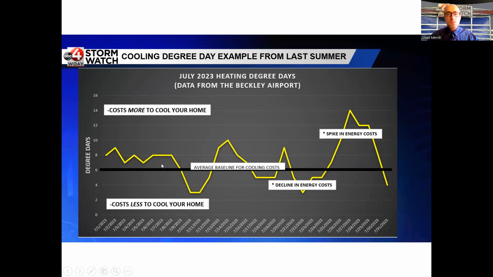So your cooling bill wasn't extraordinary. But a little bit of a cool spell, so maybe you turned your air conditioner off for a few hours around July 11th. We had a little bit of a spike around the 13th and 14th, but the biggest spike in energy costs to cool your house was the end of the month when temperatures were in the upper 80s. So again, above this baseline is where you have a spike in energy cost, in this case because of excessive warmth.